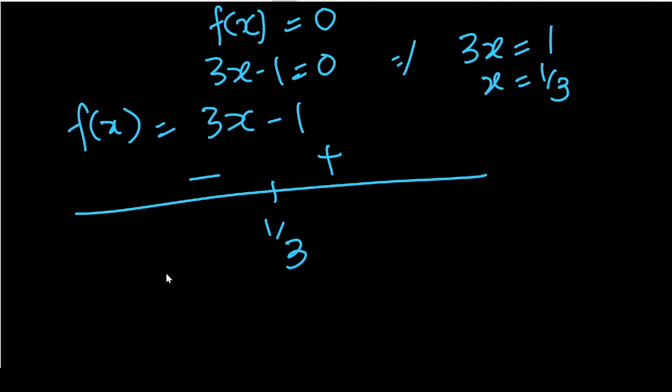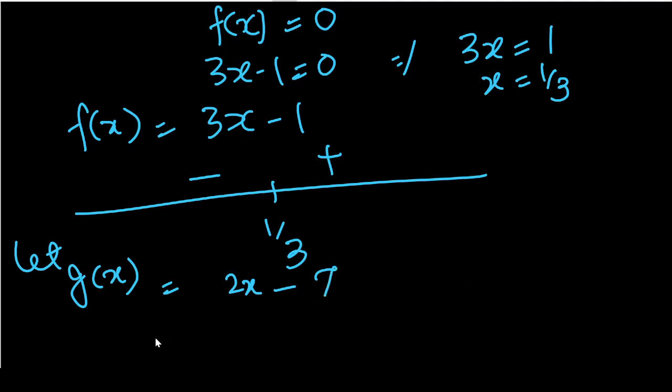Similarly, if I take another example, let's say g(x) is 2x minus 17.